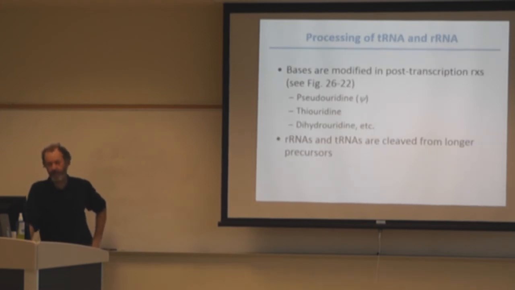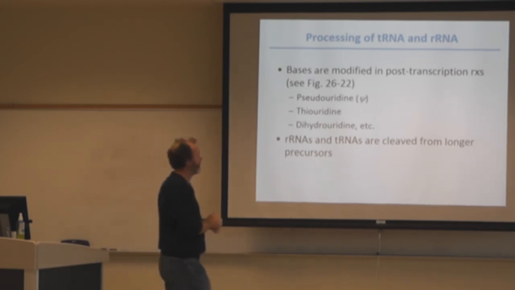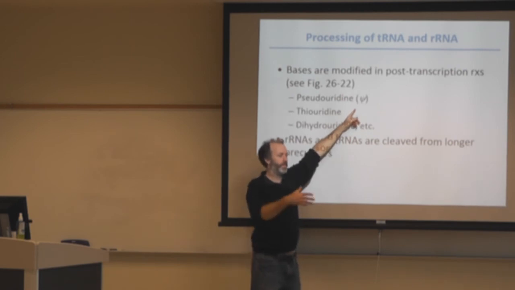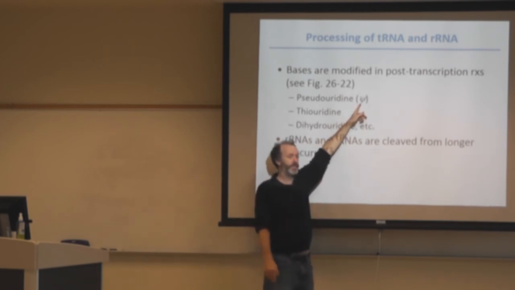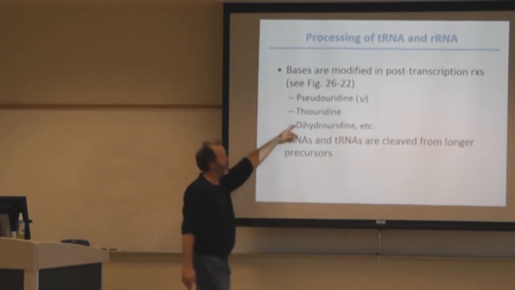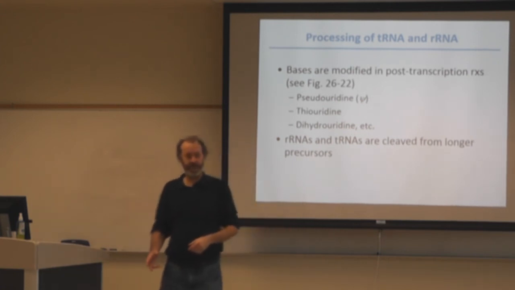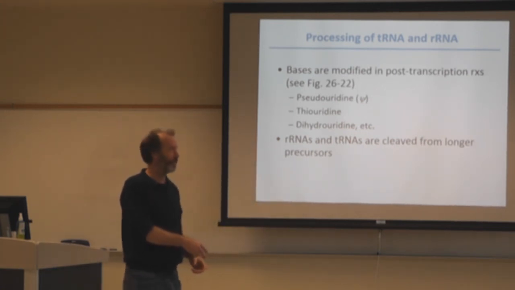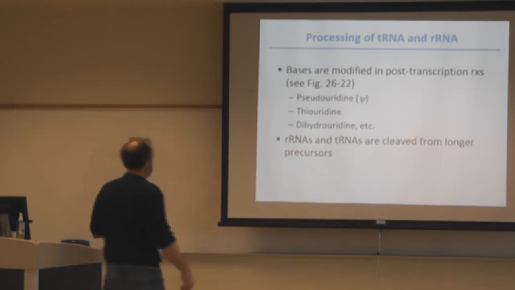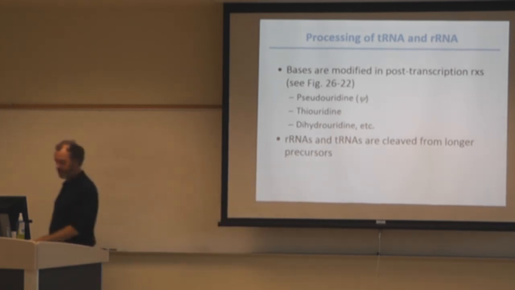So, processing of tRNAs and rRNAs: bases are modified in post-transcriptional reactions to produce pseudouridine. If you noticed in some of the past slides, you saw this figure in like the snRNP sequences. That's a pseudouridine. Thiouridine, dihydrouridine, these are all modified bases. They're not incorporated as those modified bases. They're post-transcriptional reactions that create these modified bases. rRNAs and tRNAs are cleaved from the longer precursors also.